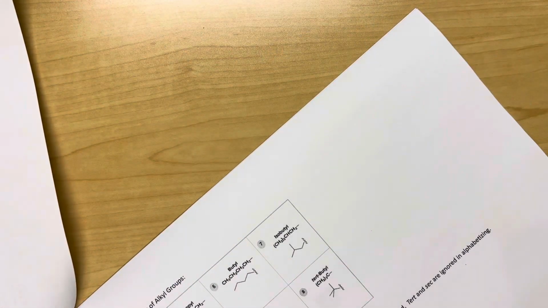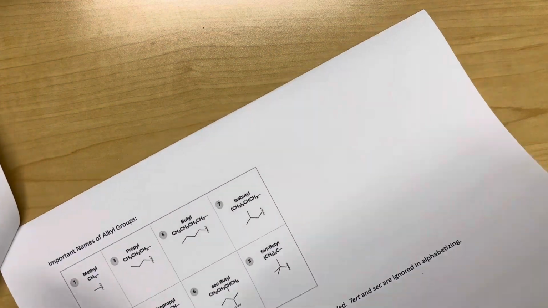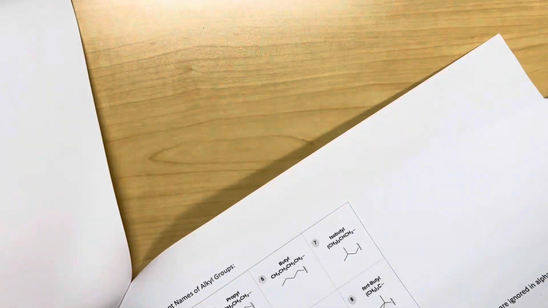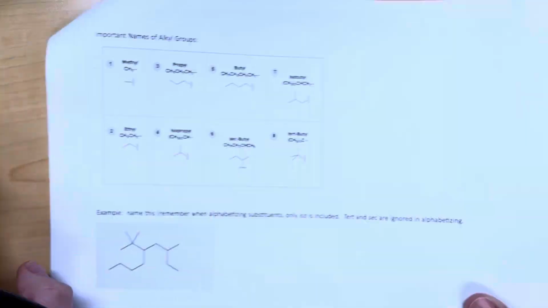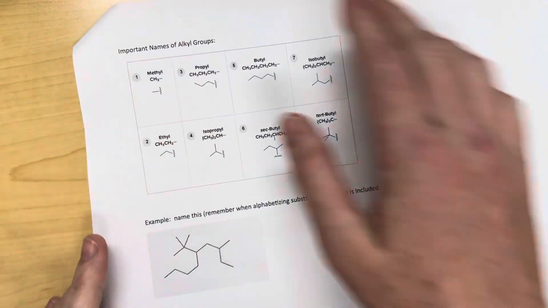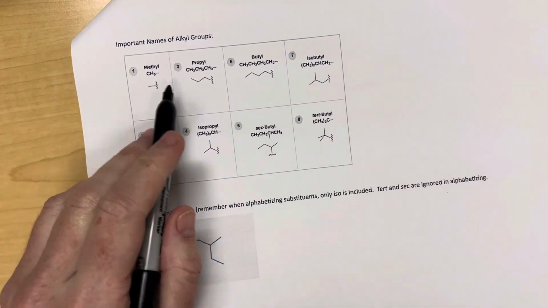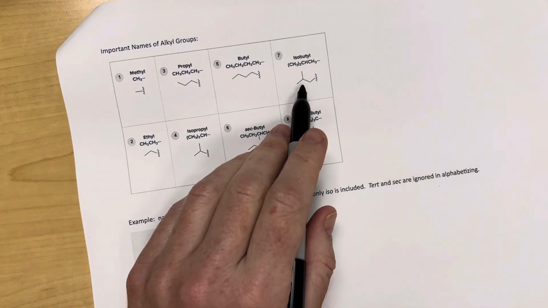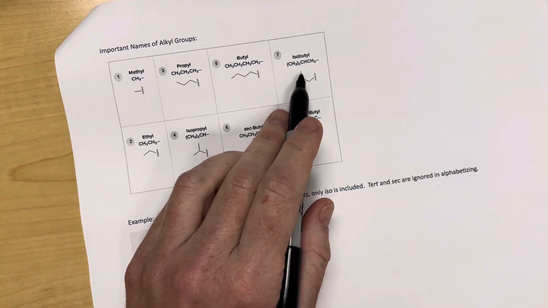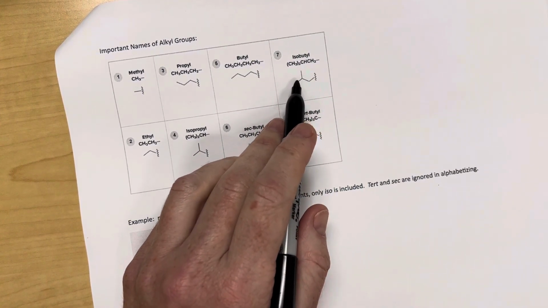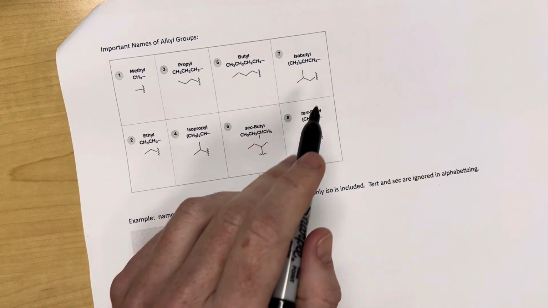Okay, there are some common names of alkyl groups that you'll be using. Most of this we use kind of standard names, but there are some common names that we're going to kind of memorize. We already know methyl, ethyl, propyl, butyl, but then we see something here, this isobutyl. It kind of looks like a Y, but then it's got these extra carbons here and here.